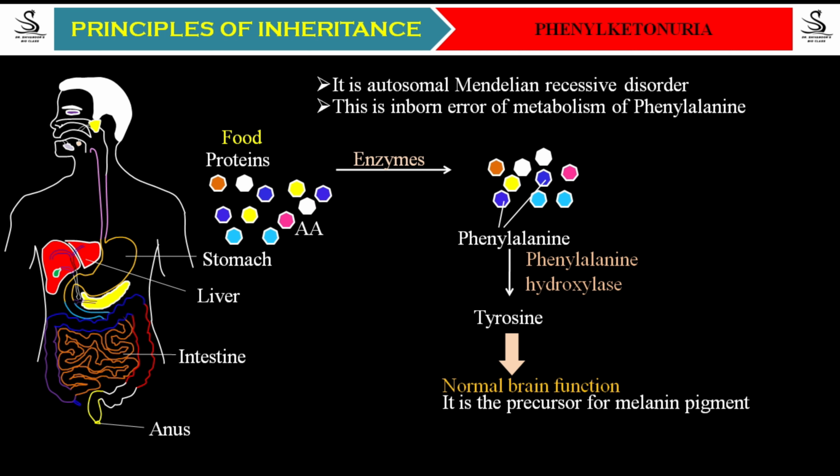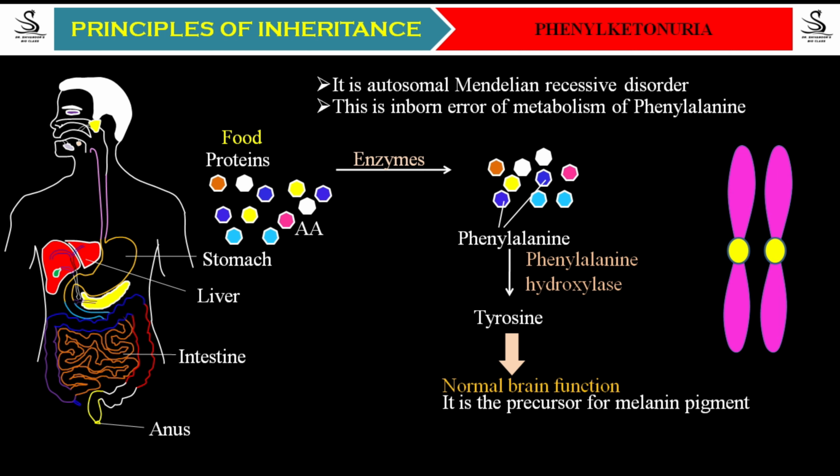Now, to form the phenylalanine hydroxylase enzyme, we need to have a gene for that. Now, observe here. This is the main thing you need to understand. Suppose these are the homologous chromosome pair number 12.